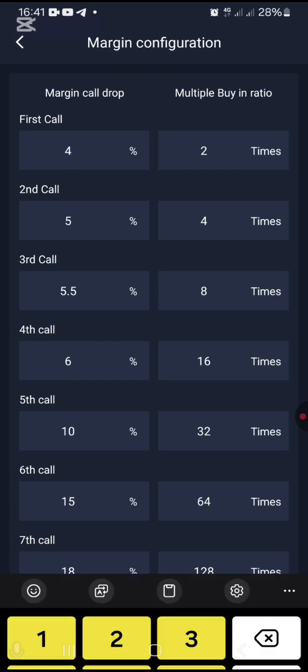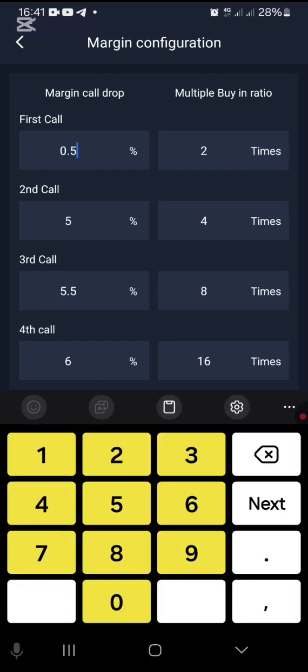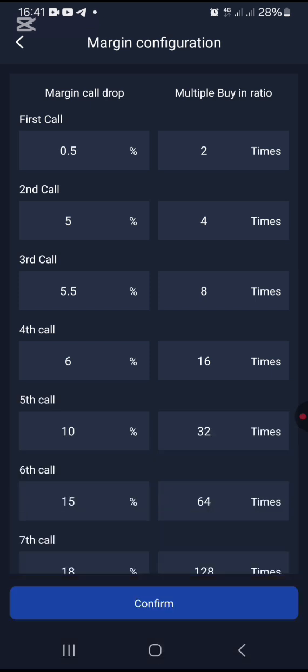I can adjust and put here a 0.5. Why? Because if I wait for a 4% drop, it is going to take long. If the market volatility going down is not that high, I may spend a day when the market has only put $10, for example, into the market. So that's why I have to change.